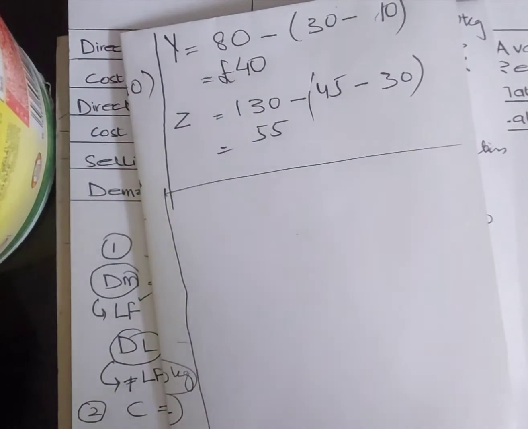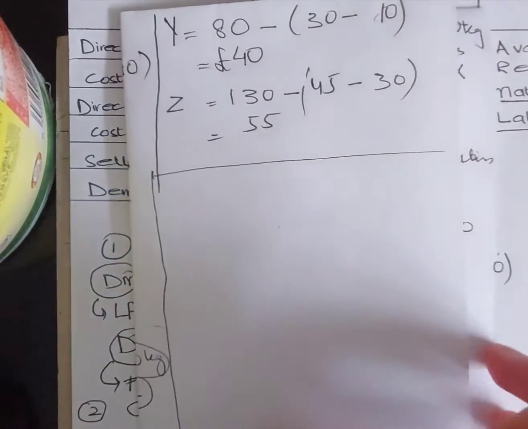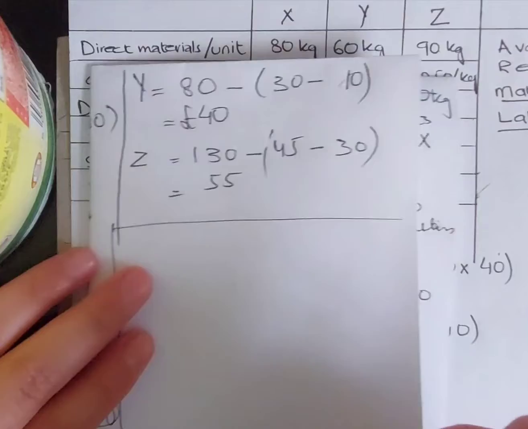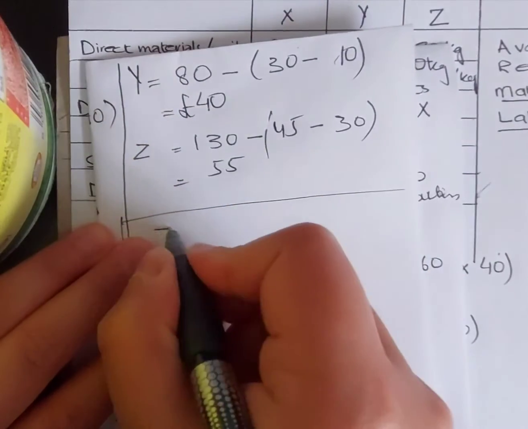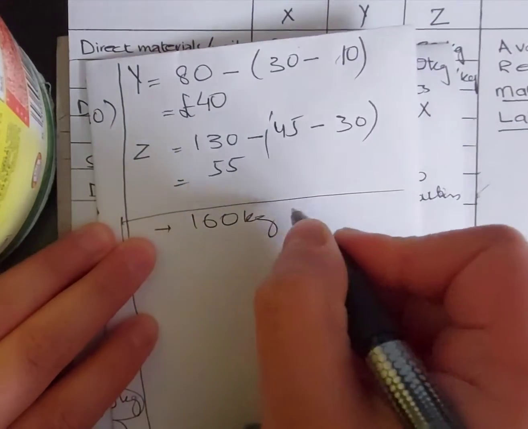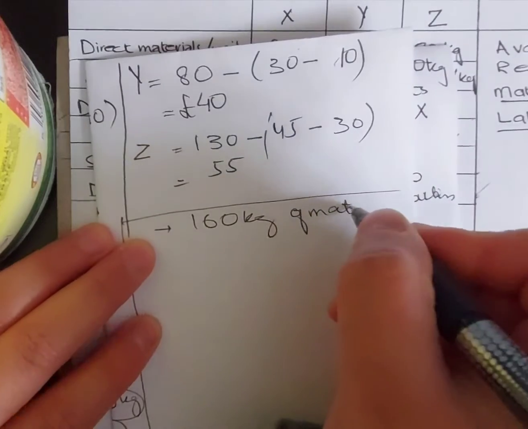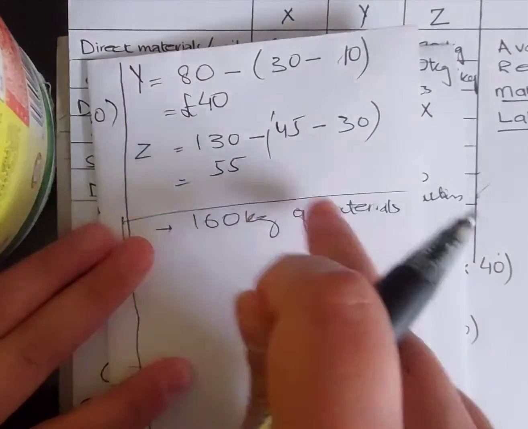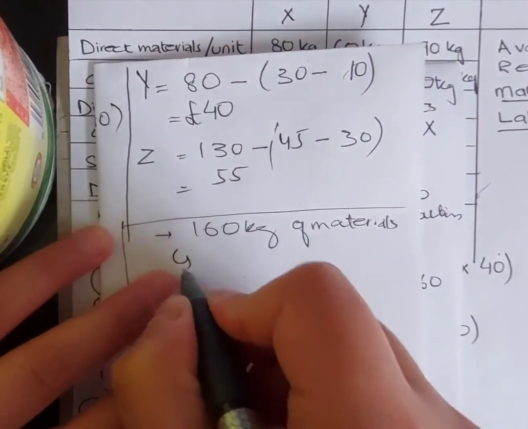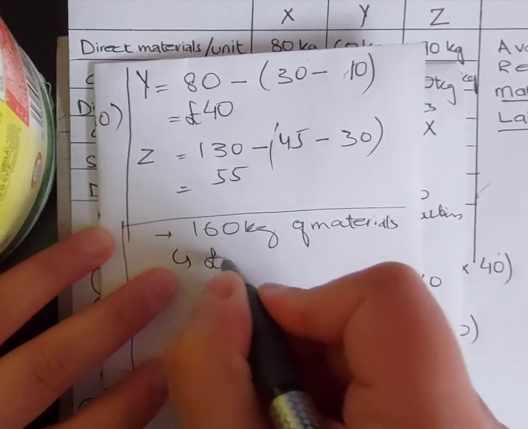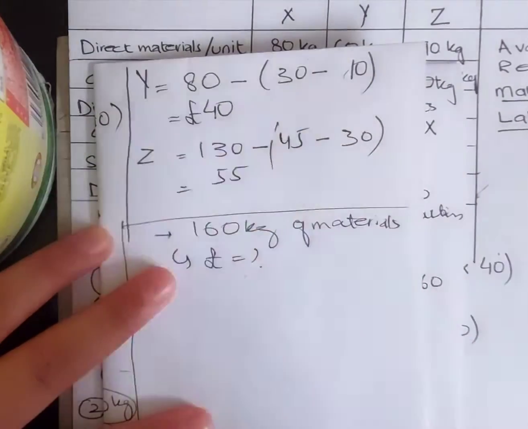How much would the company be willing to pay for an extra 160 kg of materials? So they want to acquire 160 kg of materials. How much would they be willing to pay? Like, what will be the cost?